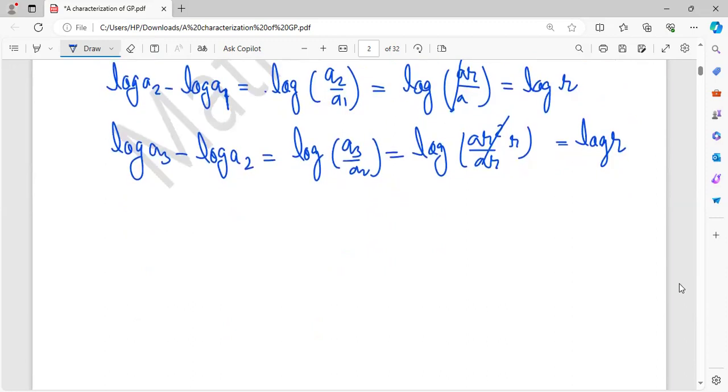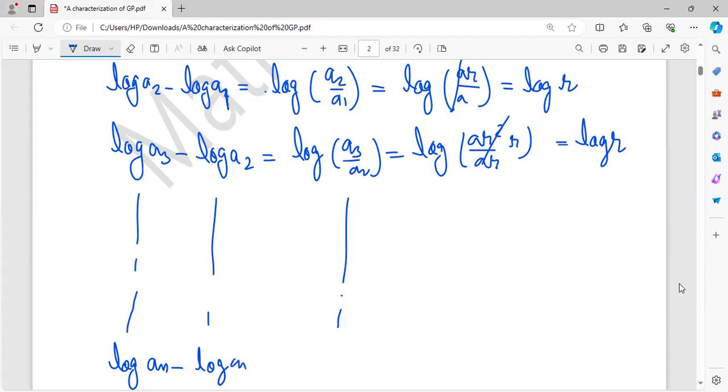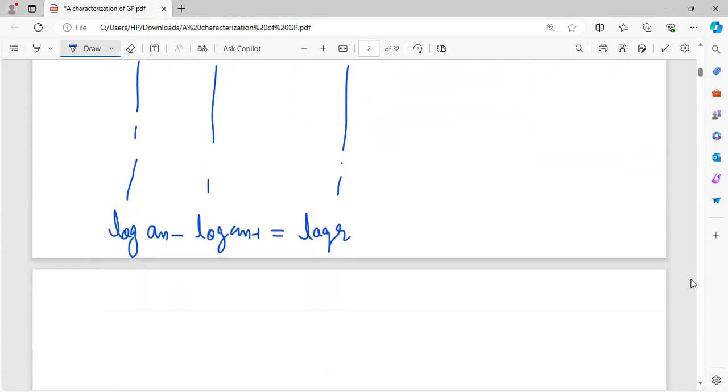Similarly, going in this way, log an minus log an minus 1 will also be log r, and log an plus 1 minus log an will also be log r.